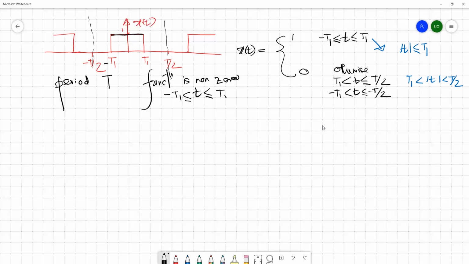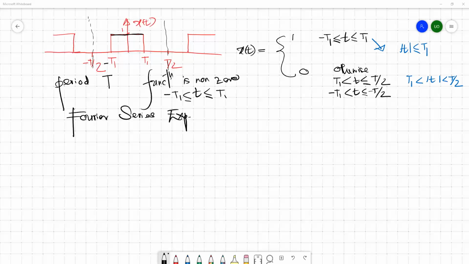Okay, so we are asked to write the Fourier series expression. So how do we do that? For this kind of examples, we need to go for the basic definition.